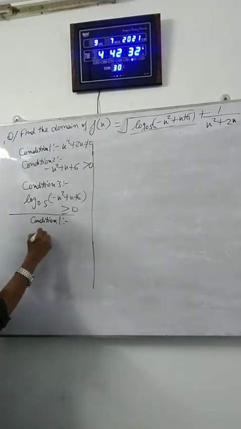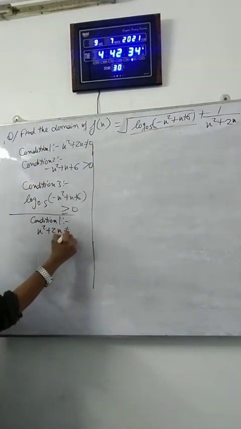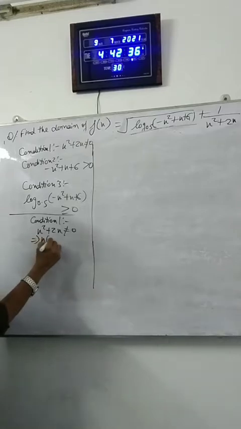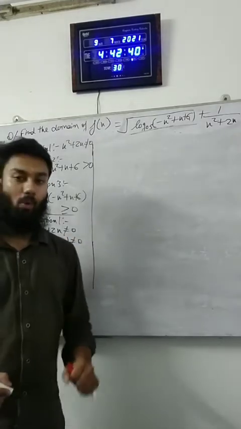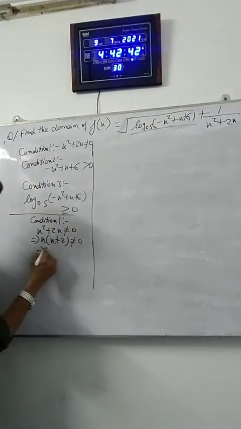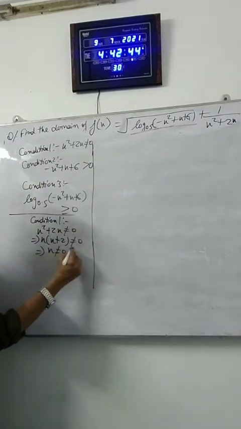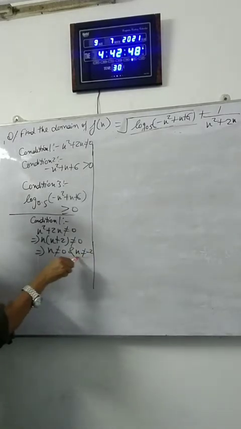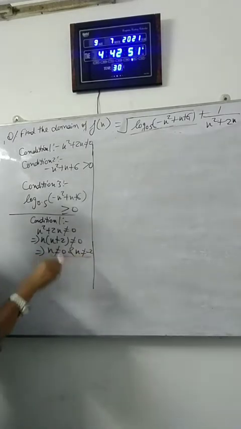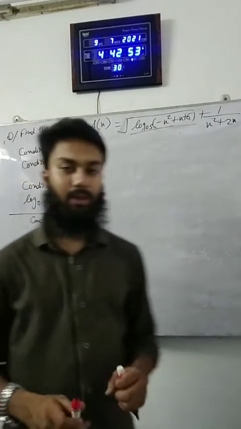So x into (x plus 2) must not be equal to 0, and that means x must not be equal to 0 and x must not be equal to minus 2. So this is the first condition that needs to be taken care of.